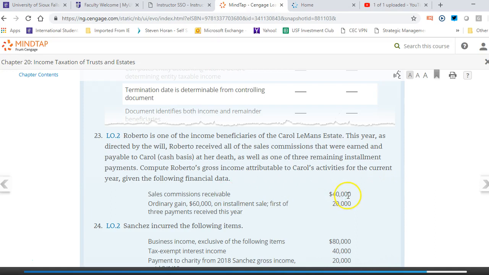Sales commissions received, 40,000; ordinary gain of 60 on installment sale, first of 3 payments received this year, 20,000. So really simple. It's simply 60,000, the 40 plus the 20.